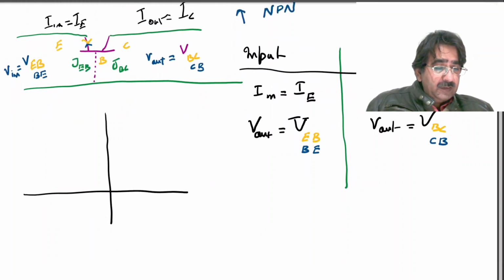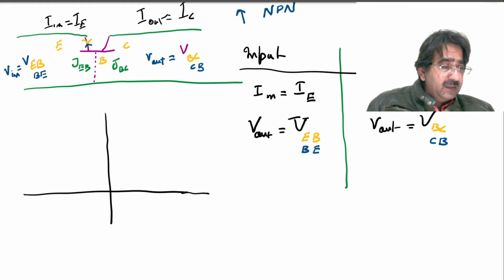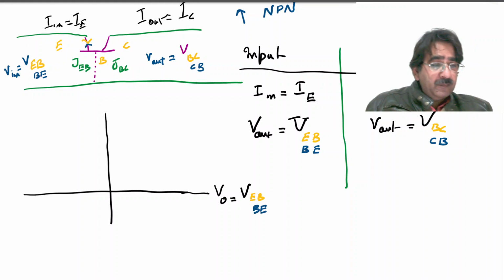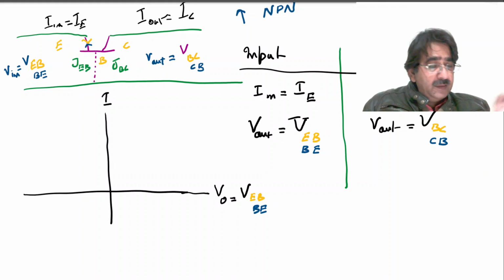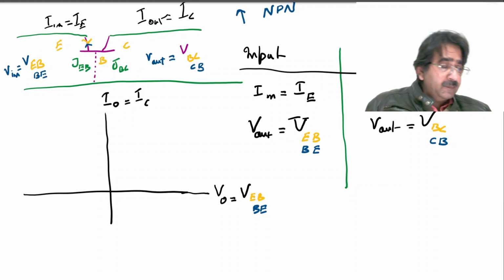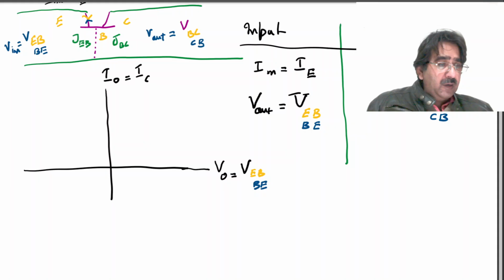The output voltage, as I have already discussed, is V_CB, and I out will be I_C.